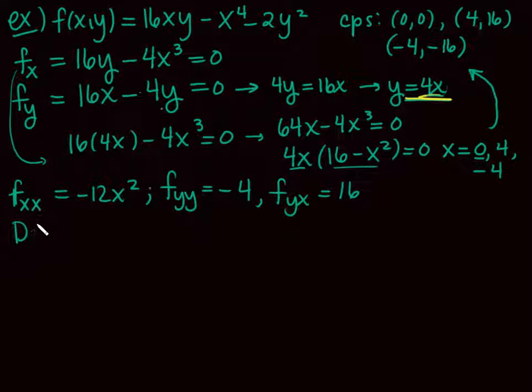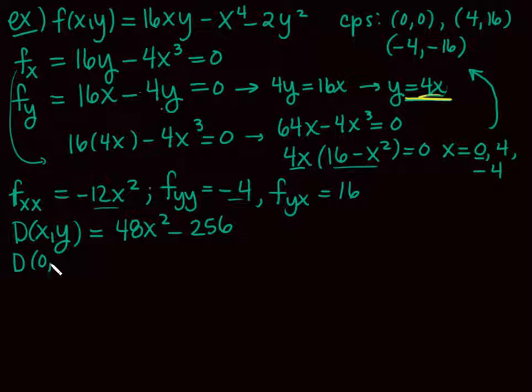So that leaves me with the function capital D of xy equals these two multiplied together. That'd be 48x squared minus 16 squared, which is 256. All right, so let's start testing our critical points. Let's do 0. 0, 0 is always an easy one. If I plug in 0, 0, I get negative 256, which is less than 0, so we have a saddle point. So no extrema at that point.